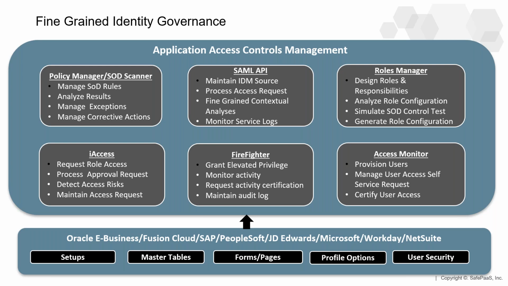So you can see we check all the boxes of what the market leaders and research organizations that do independent IT research have indicated a good identity governance system has.